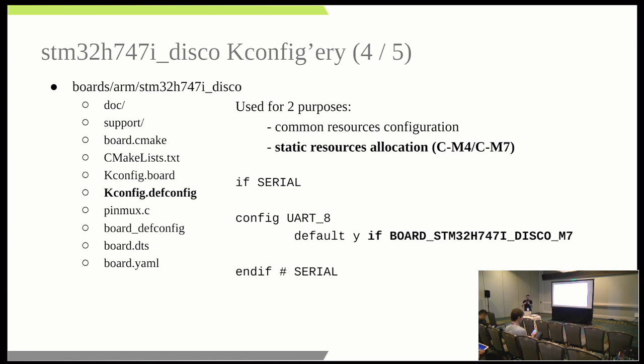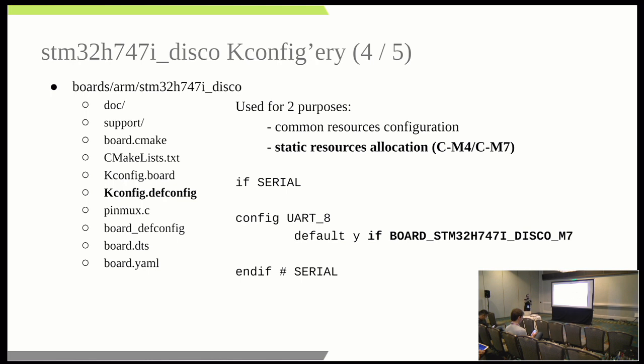Then the file is also used for static resources allocation. So we can, in a common file, declare if such a peripheral is used in either one core or the other.